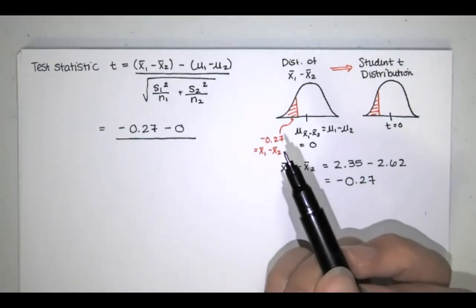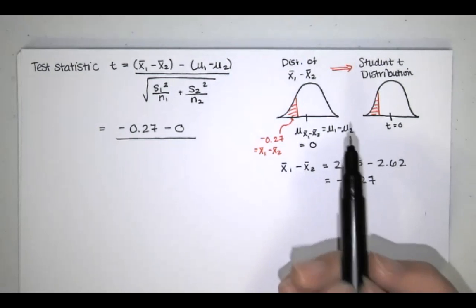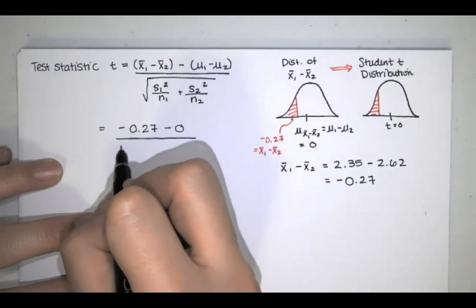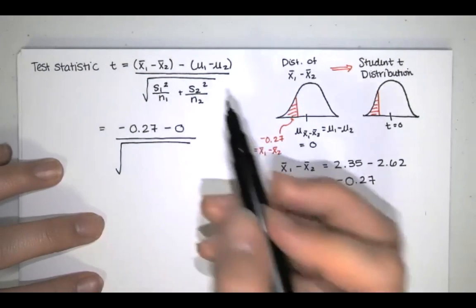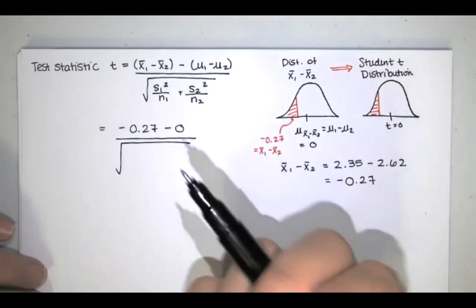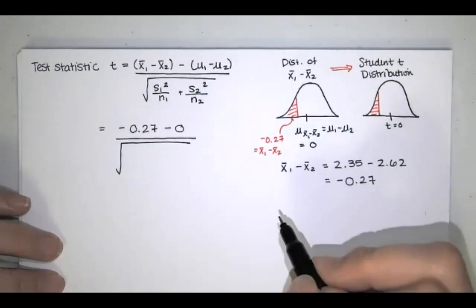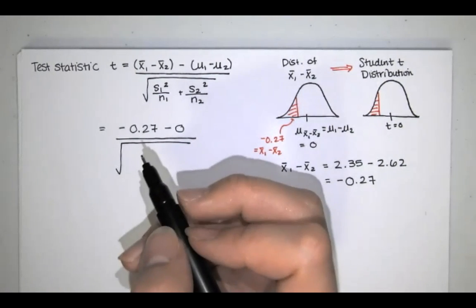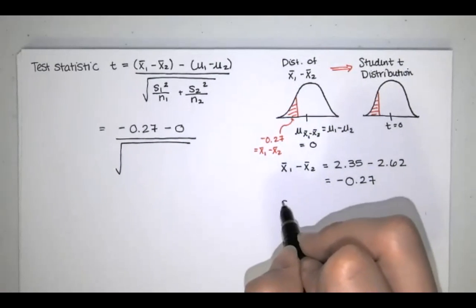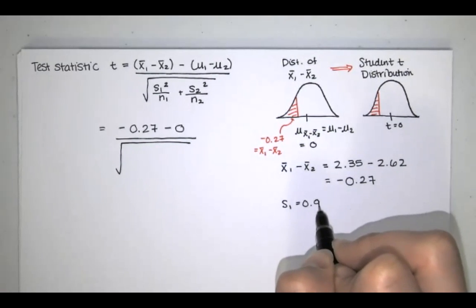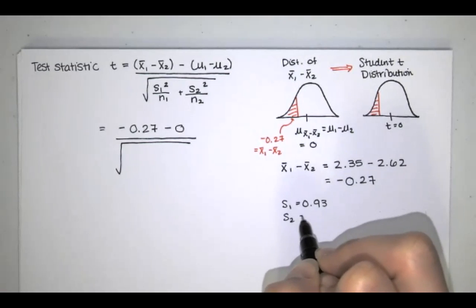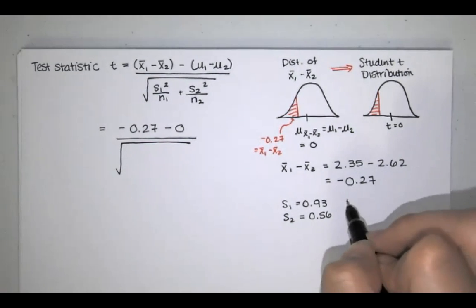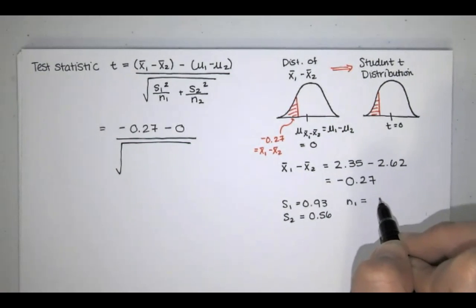And then we're dividing by an estimate of the standard deviation of this distribution, which is given by the square root of this sum, and S sub 1 is the standard deviation for that first sample. And S sub 1 in our case was 0.93, S sub 2 was 0.56, N sub 1 turned out to be 29.